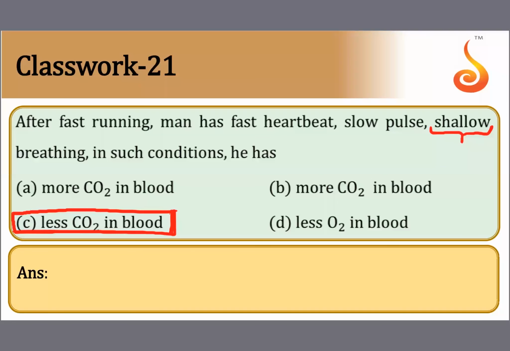So please remember, your chemosensory areas, your peripheral chemoreceptors, all of it are very, very sensitive to carbon dioxide and H plus levels in your blood. So he is breathing shallow because of less carbon dioxide. Otherwise, his chemosensory receptors will get activated and he will start breathing deeply, and his breathing rate will increase. But now his saturation of carbon dioxide is less.